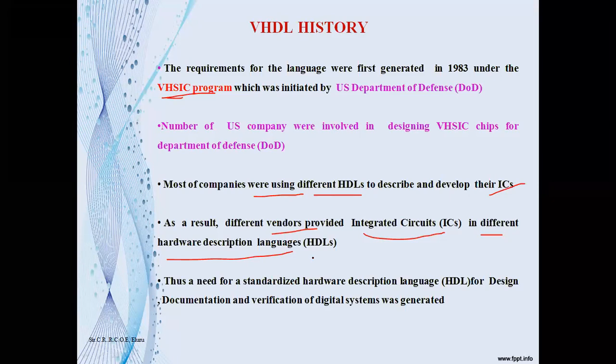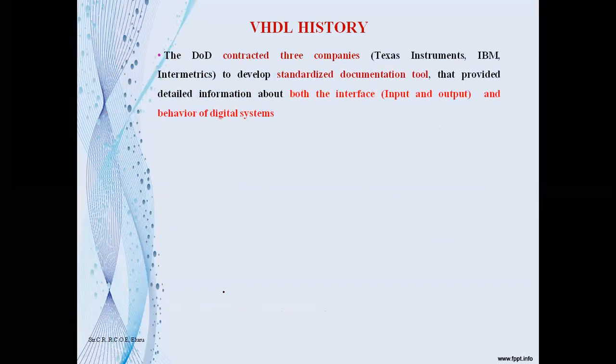For that, the Defense Department contracted with three companies: Texas Instruments, IBM, and Intermetrics, to develop a standardized documentation tool.